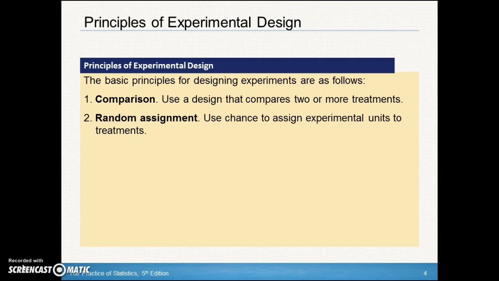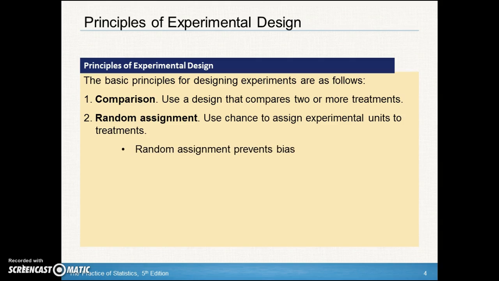So, for instance, in this case, if we allowed students to select an online or a classroom instruction for their SAT preparation, the more self-motivated students would likely sign up for the online course. So this personal choice, right, this voluntary enrollment in an online course is a type of bias that would make our results harder to trust.